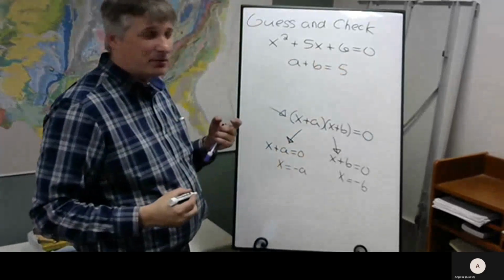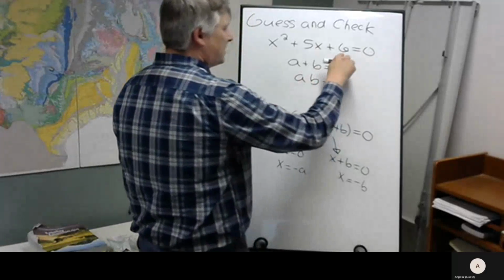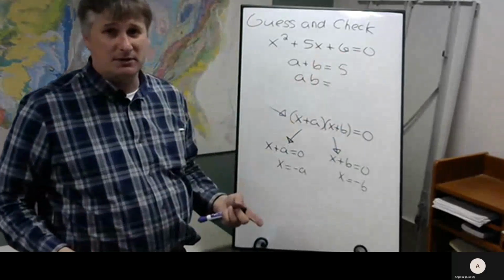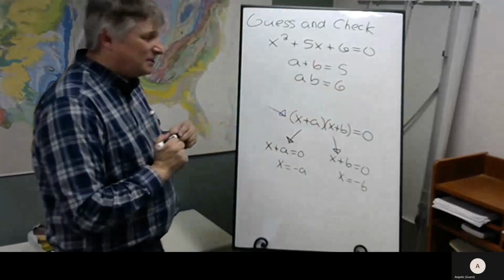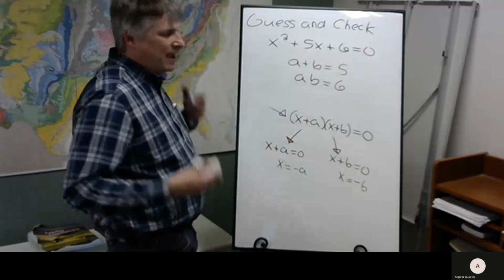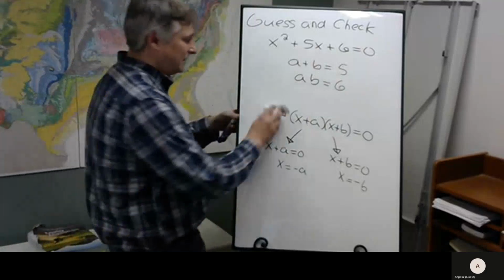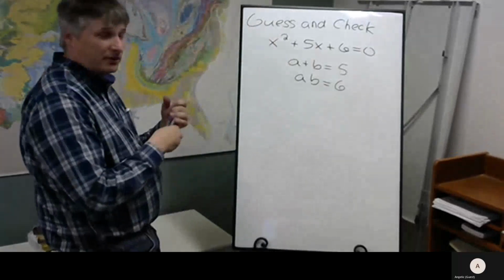And these same numbers need to multiply to be the number that doesn't have any variables attached. Basically you just guess. So I need a pair of numbers where they add up to 5, but they multiply to 6.